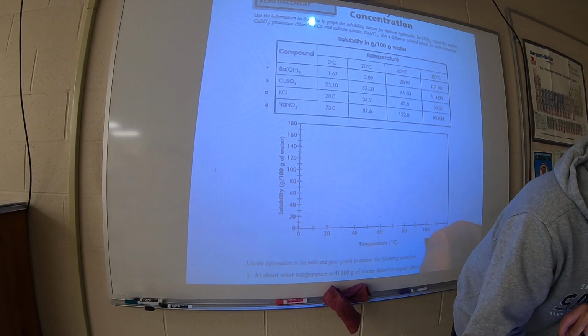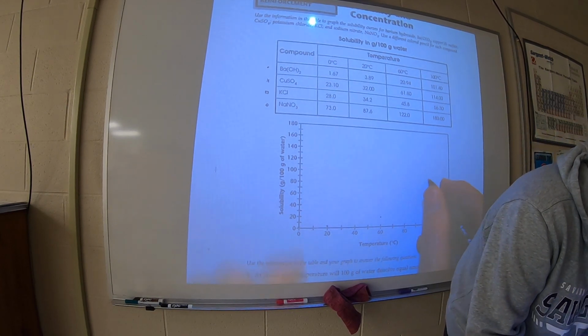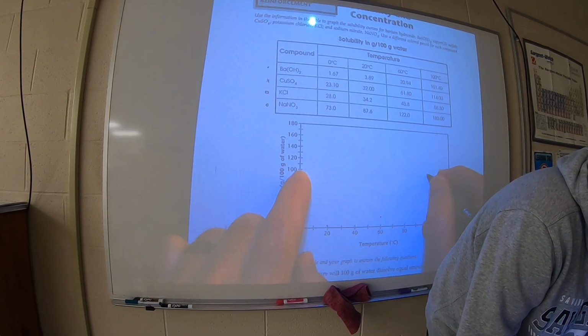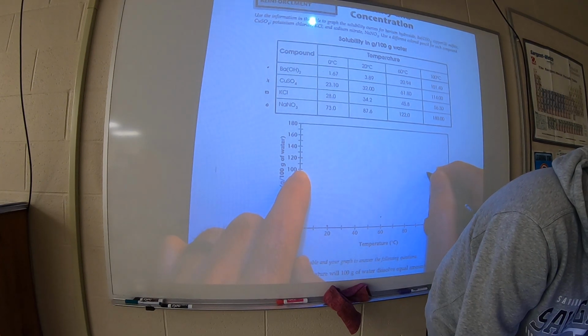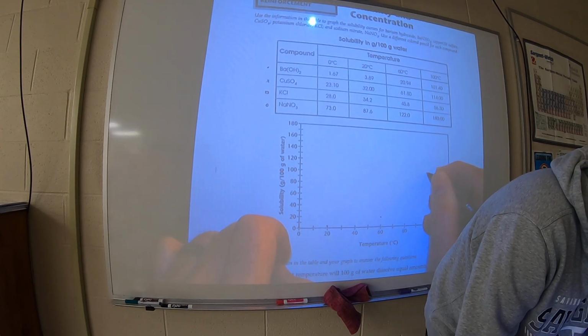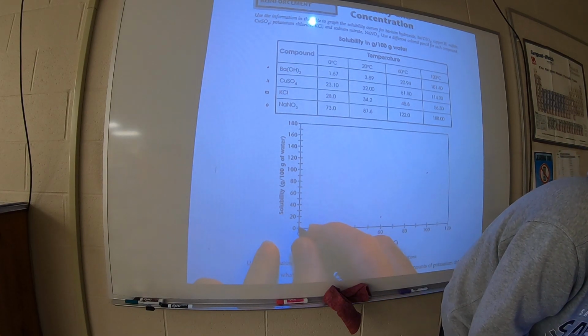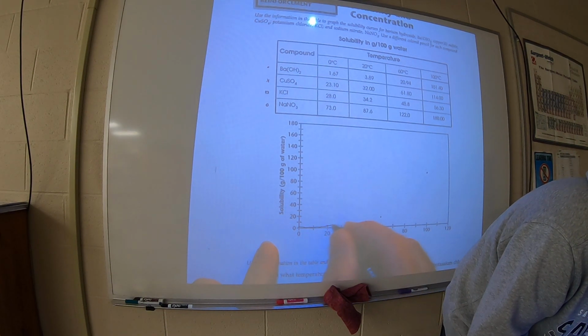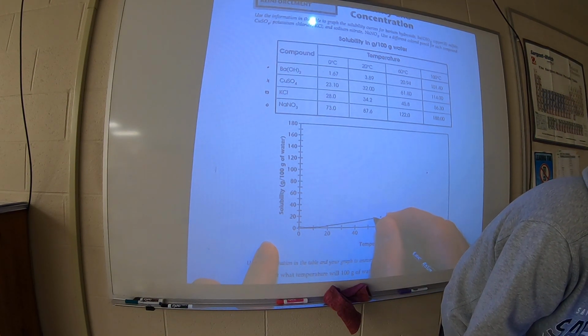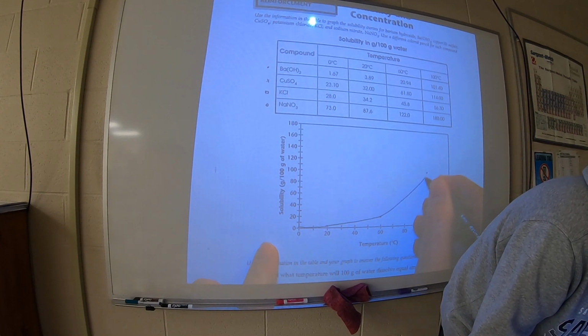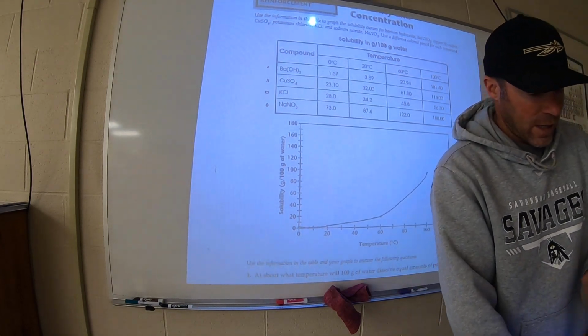And at 100, it's 101.4, so put it about right there. Then we're going to draw a smooth curve through all these data points. Just like that. So that's the barium hydroxide line.